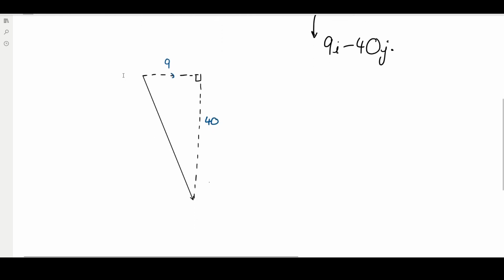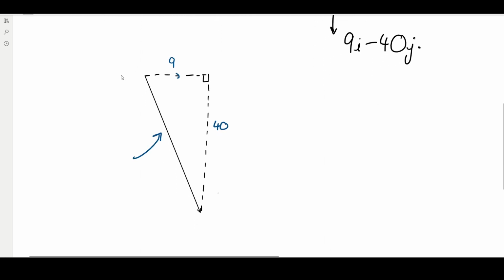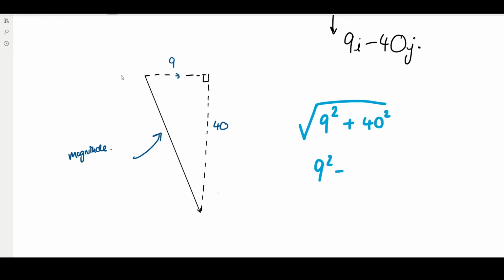The magnitude of the vector is the hypotenuse of the triangle. So I'm going to use Pythagoras to get this expression here: the square root of 9 squared plus 40 squared. And by the way, if you wrote it like this, it's going to work out exactly the same anyway.